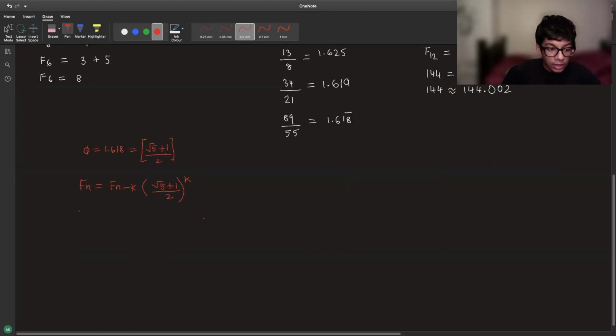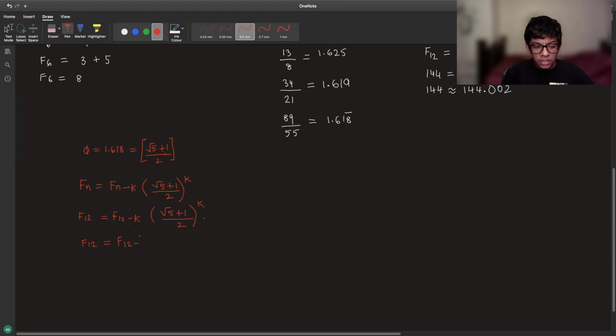Okay, so f(12) will be equal to f(12-k) times ((root 5 plus 1) upon 2) whole raised to k. In this scenario, we have to assume a value of k.